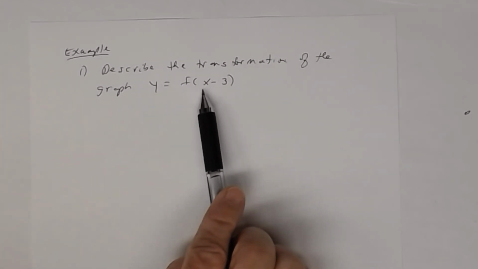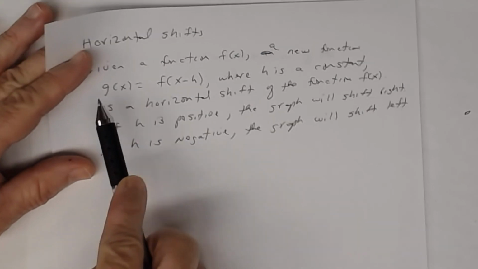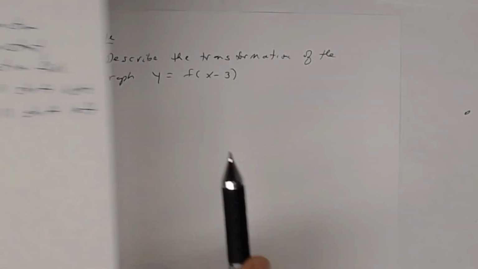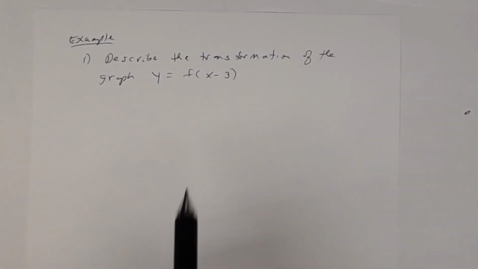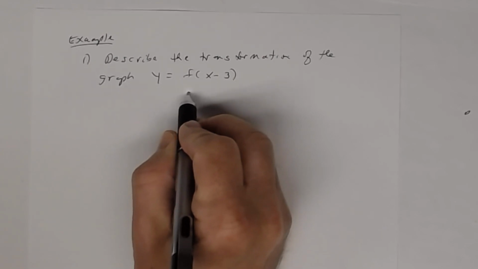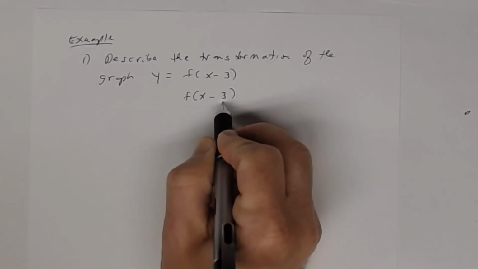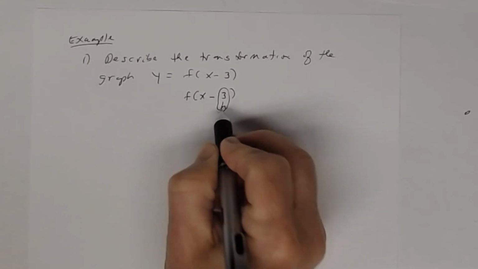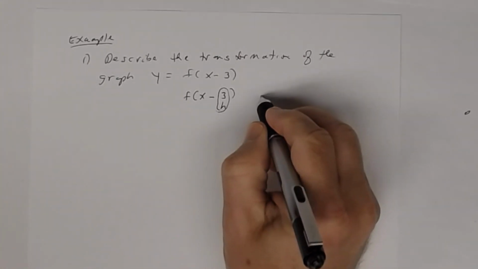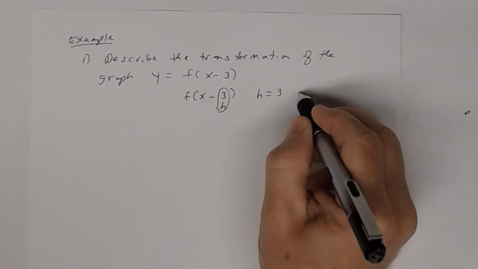So if you think about this notation here, f of x minus h, remember a g of x is the same thing as y, so I just have this as y. When I rewrite it, I can write this as f of x minus 3, where h is this 3 right here. So h is positive, right? So h equals 3, which is positive 3.